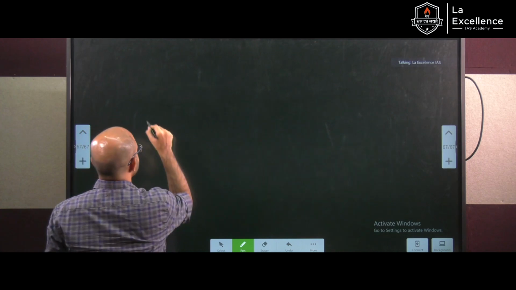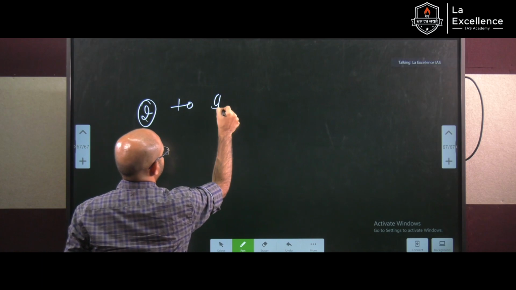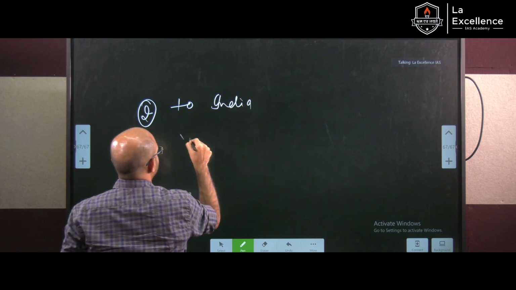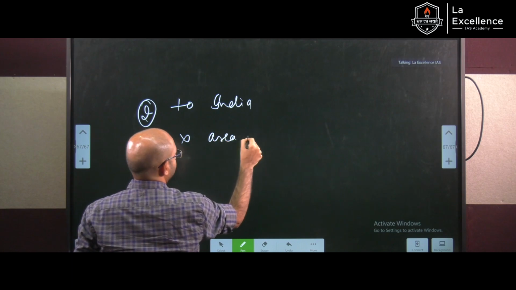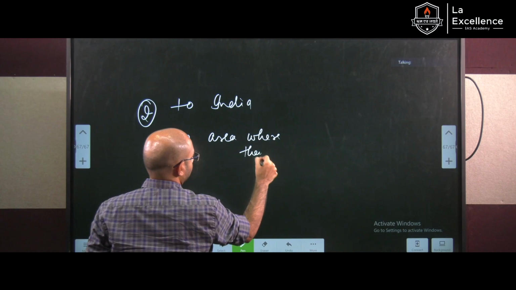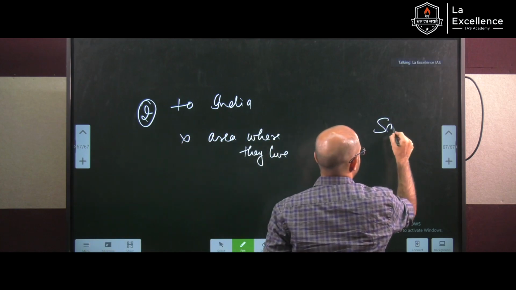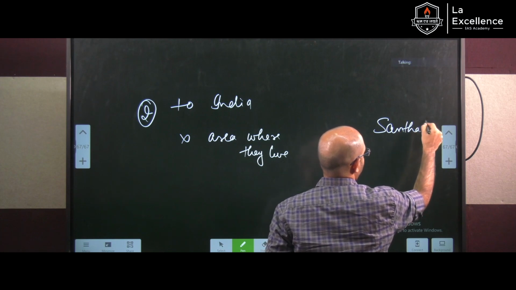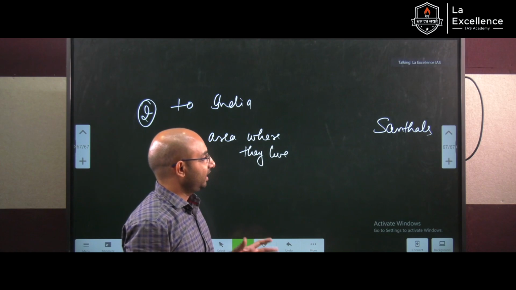This is one issue. Second, some are indigenous to India, but not indigenous to the area where they live. Take for example Santals. If you consider India as a whole, Santals are indigenous.